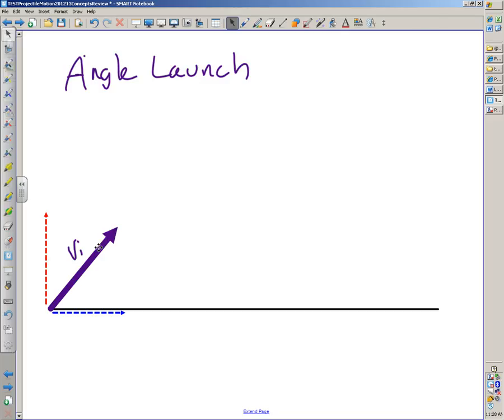But if we know the angle, or the speed at which it was shot, and we know this angle theta here, we can use our trig identities to find these 2 sides of the triangle. What did we do with those 2 sides of the triangle once we found them? This becomes our initial vertical velocity, and this becomes our initial horizontal velocity.